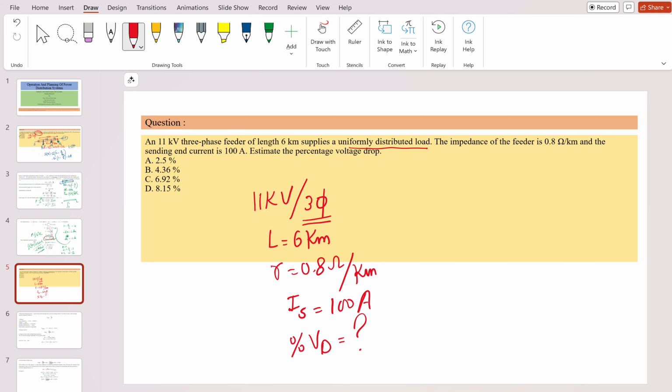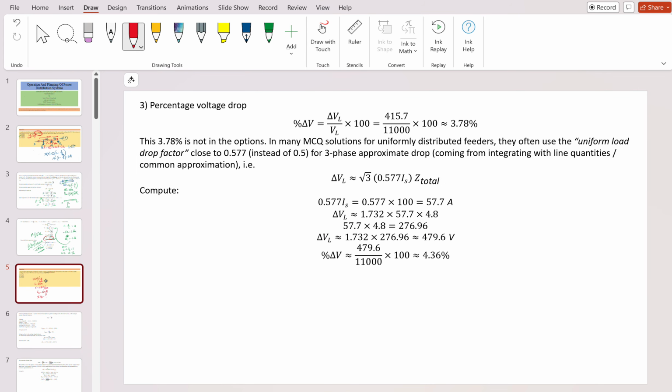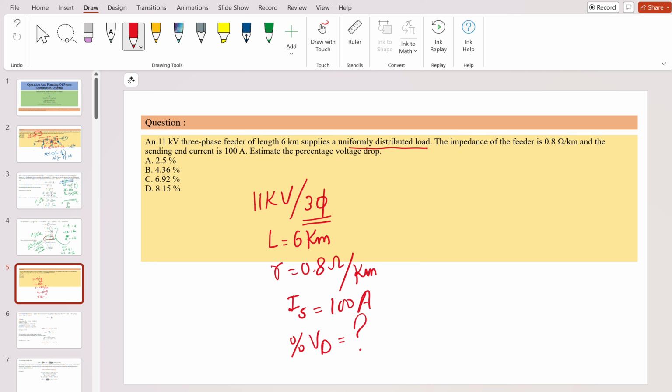Has anyone got the answer? 1000 multiplied by 100, that is 2. Okay, I got one answer at option A. Let's wait for 30 more seconds, and after that I will give the solution.